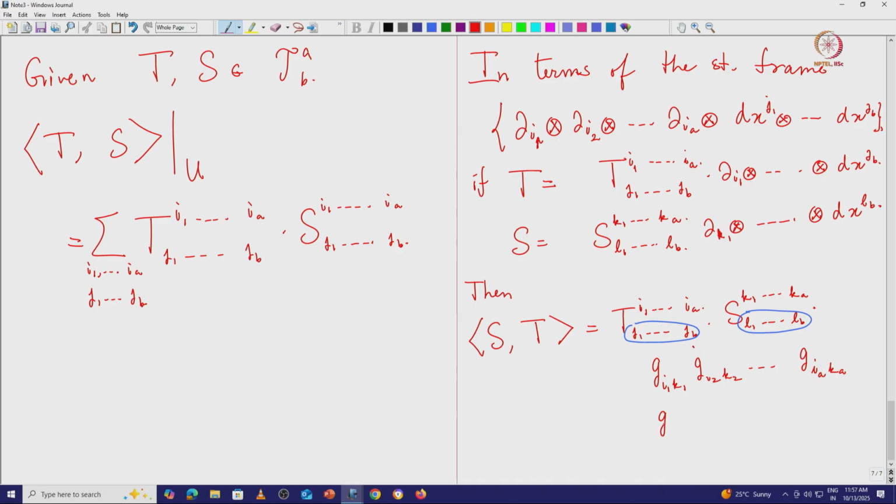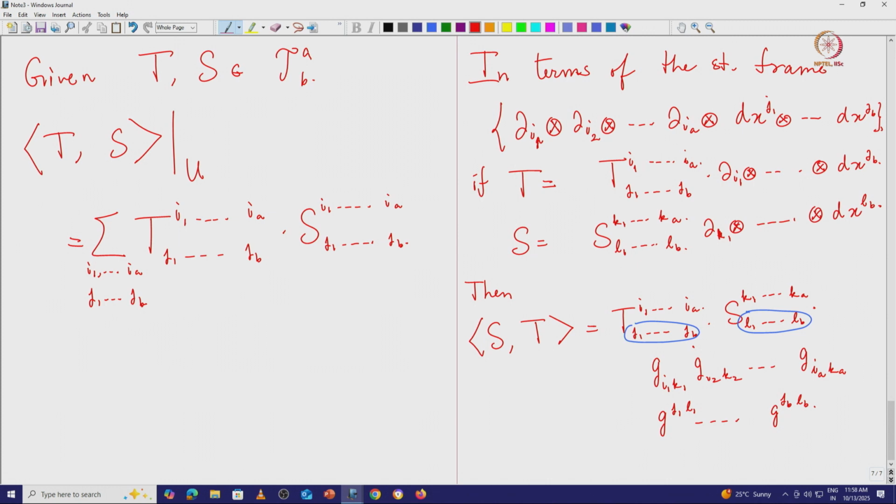So you have g^j1l1 up to g^jBlB, and again you sum over all possible choices of I1 to IA, K1 to KA, J1 to JB, L1 to LB.